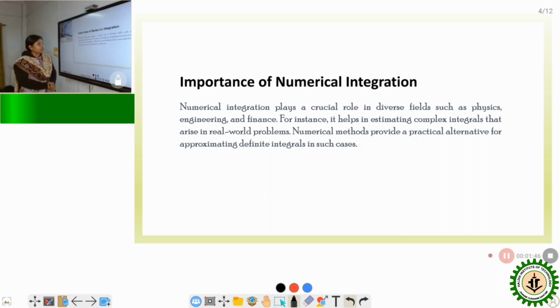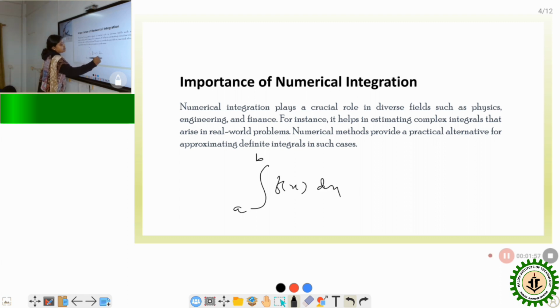But the main thing is that, suppose we have a definite integral a to b f(x) dx.